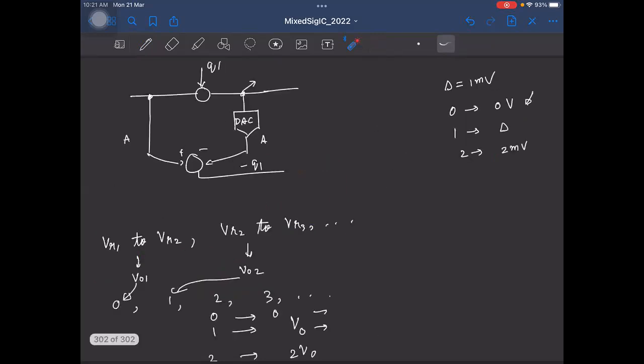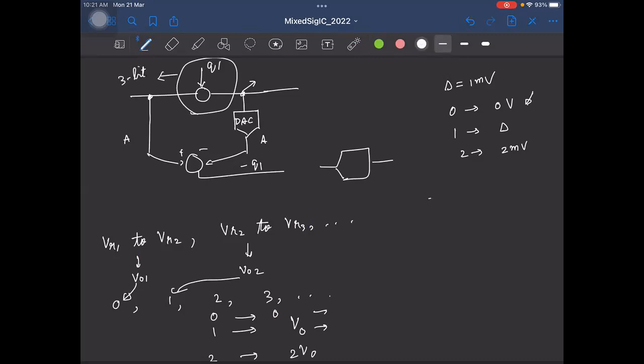So what I need to add essentially here is another ADC. Let us say it's a 3-bit ADC, and it's going to compare the input in this range, minus VREF to plus VREF. Q1 is the quantization noise added by this ADC. So what can you say about the range of values that Q1 will take?